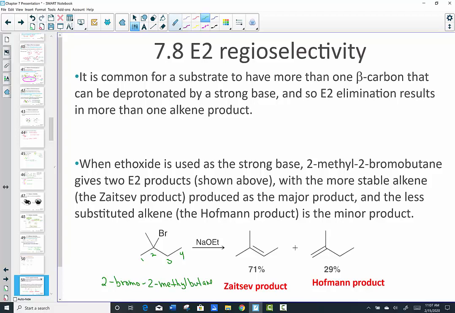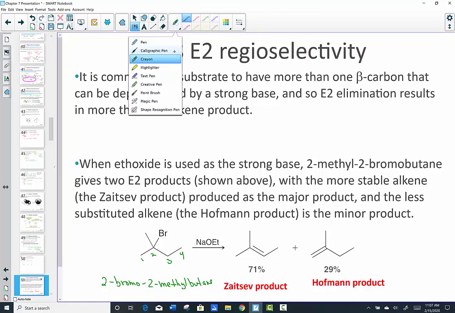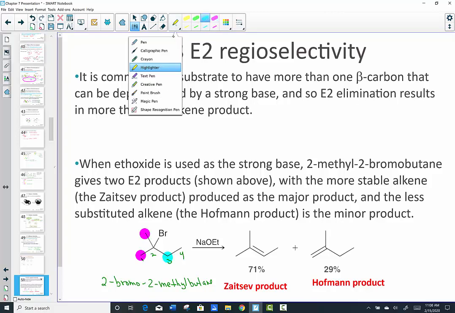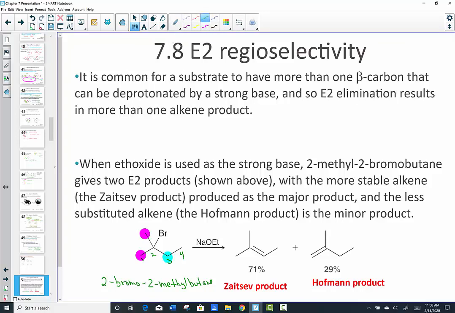I have a beta carbon next to the alpha carbon here, here, and again here. Now I color-coded those so you could see these two are actually equivalent carbons. So you really only have 2 unique beta carbons.